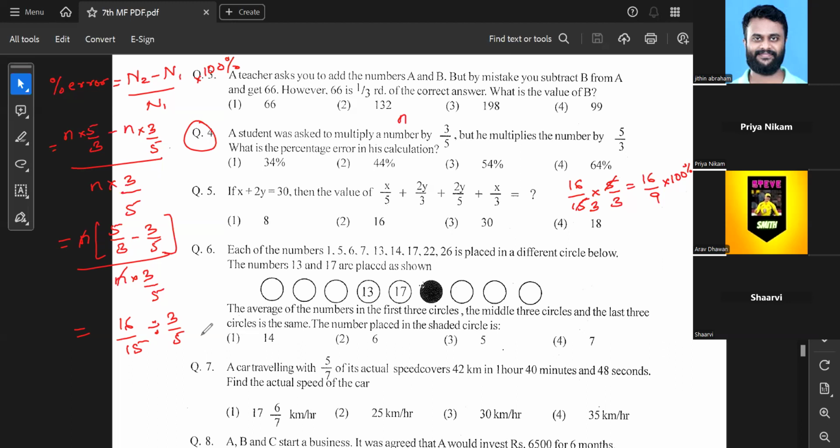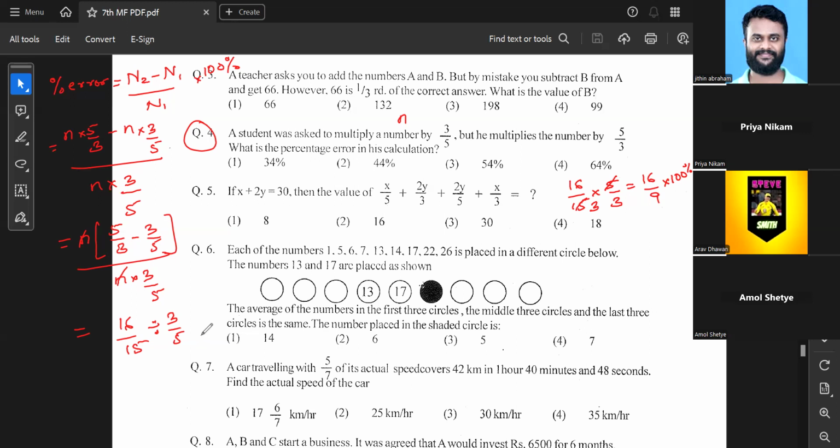I'll wait for 1 minute just to understand the procedure. Why did you take n into 3 by 5 in the denominator?